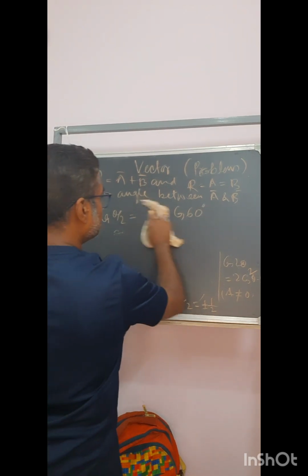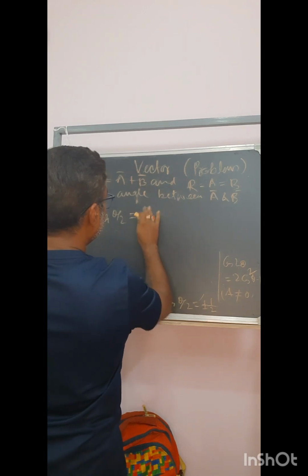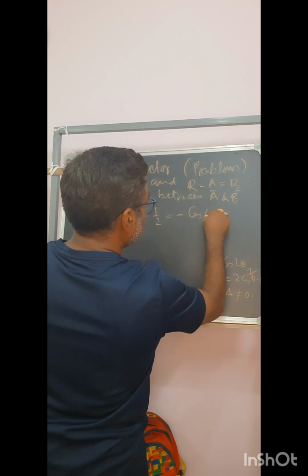If I take the minus half, that means minus cos 60.